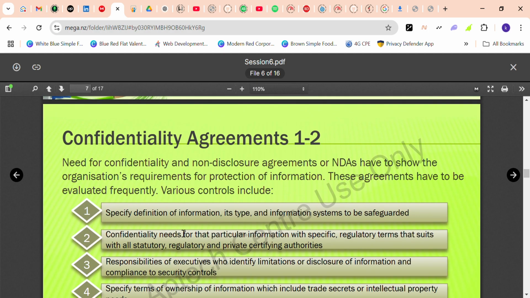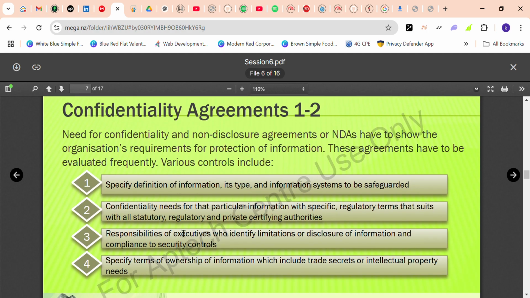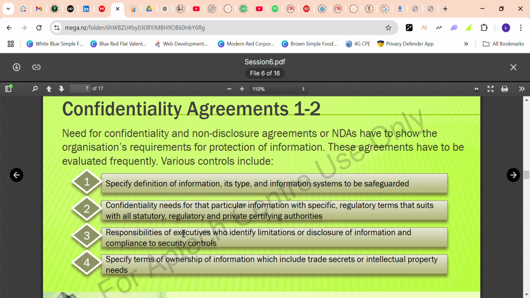Now we have the confidentiality agreement. The need for confidentiality and non-disclosure agreements, or NDAs, has to be shown; they have to reflect the organization's requirements for protection of information. These agreements have to be evaluated frequently.